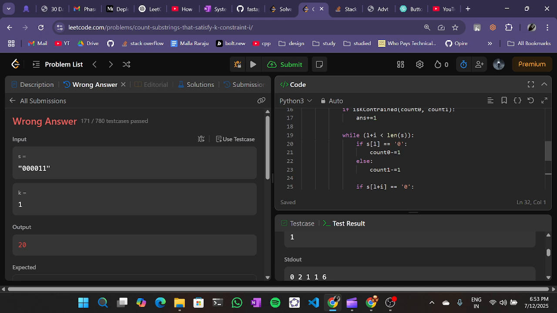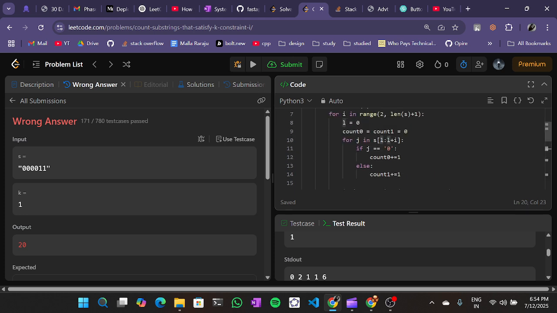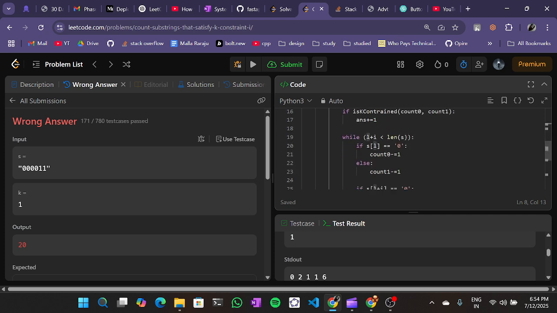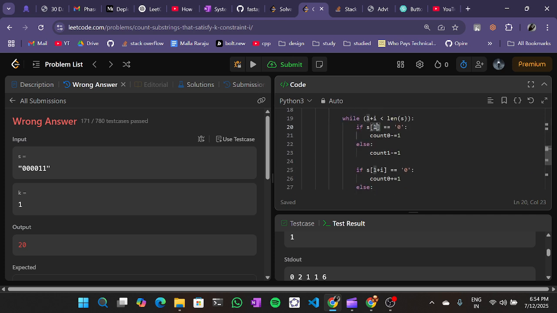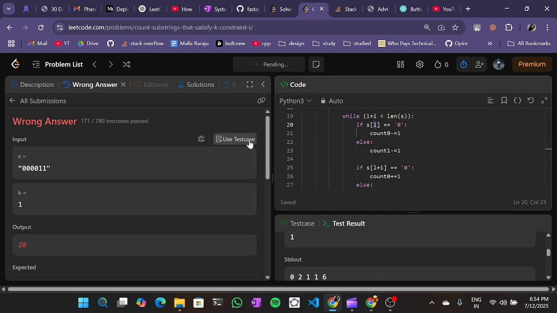So instead of checking L minus 1, we are checking the Lth one, continuing from L equal to 0. So actually we are ignoring the first element, and taking the L plus ith element from L plus 1 nth element. Let's try submitting it and check if it is working fine or not.